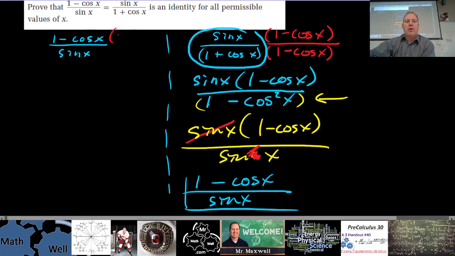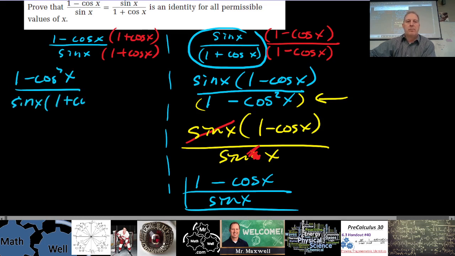If you multiply by the conjugate, top and bottom, it really is the exact same thing. We get 1 minus cos squared x on top. I'll leave this in factored form. The 1 minus cos squared x is actually going to go to sine squared x.